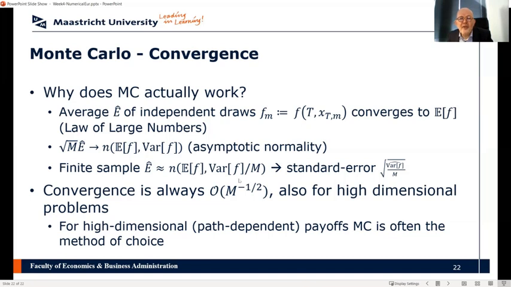The 1 over square root of m convergence is fairly slow, but for high dimensional problems, I'm also getting this 1 over square root of m, whereas for high dimensional problems the numerical integration and the finite difference method simply explode by the number of possible nodes or function evaluations that you have to make. And for high dimensional path dependent payoffs, a Monte Carlo simulation is the best algorithm that we have, even though it has a relatively slow convergence of 1 over square root of m.